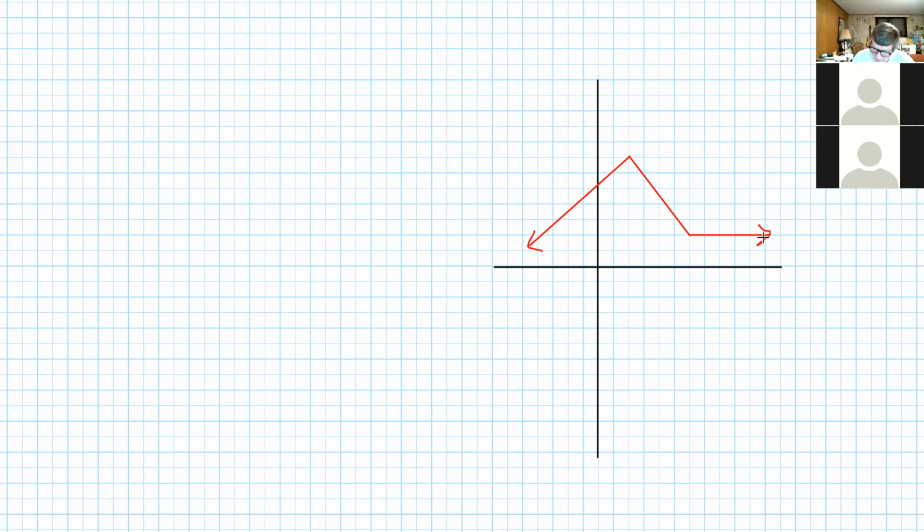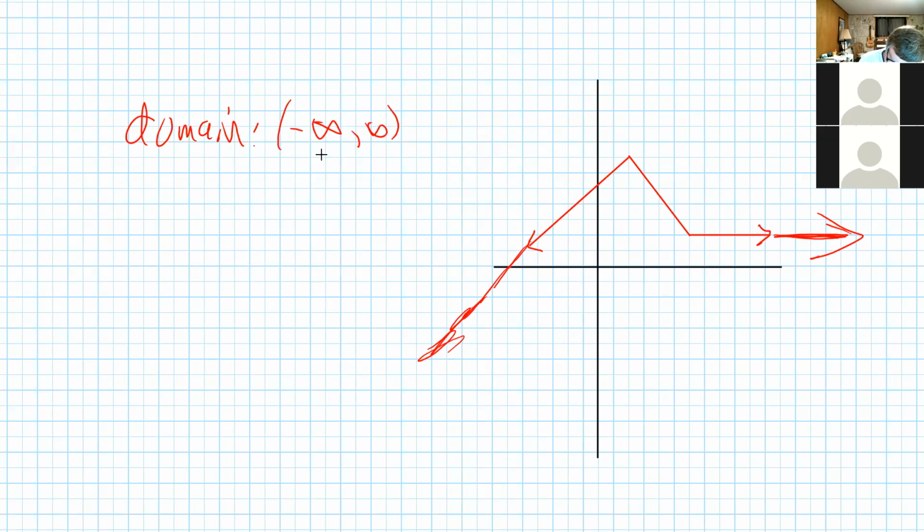Okay, so what's the domain? Well, this arrow is going to the right forever. This arrow is going to the left as it goes down forever. So again, the domain would be all real numbers. What about the range? Well, the range, this is going down forever, but the highest point here is this, which is, let's see, that's what, 7? So the range would be from -infinity up to and including 7.